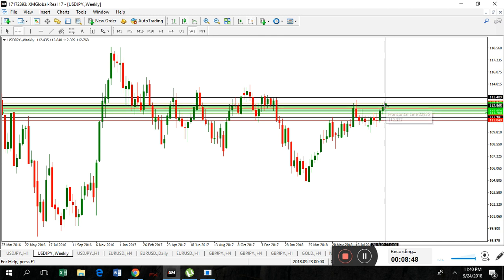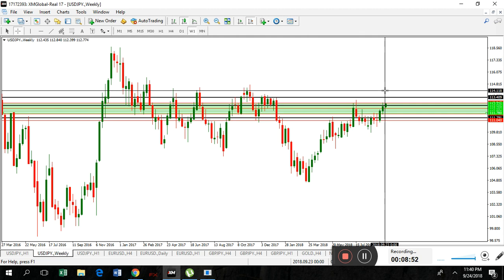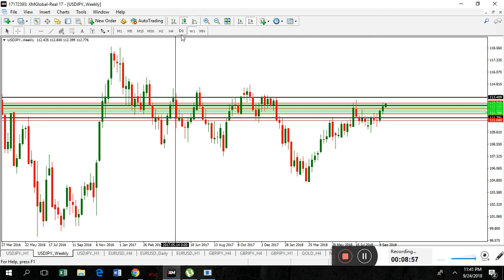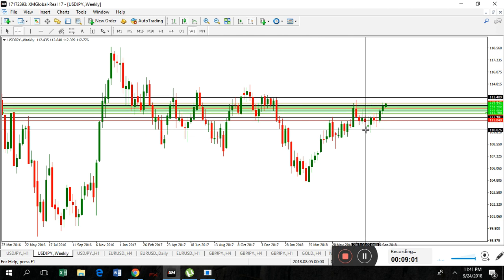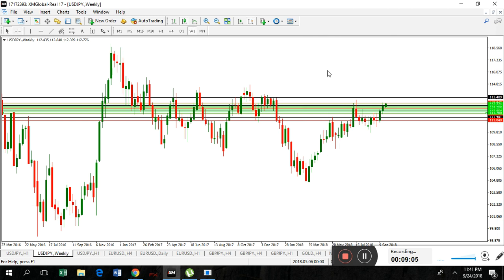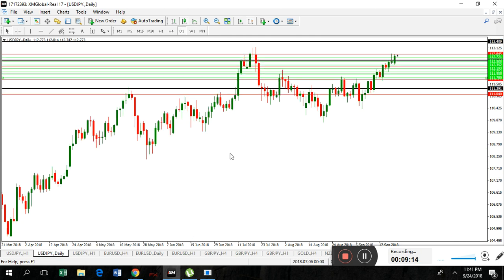Currently it's on its way to form potentially another new higher high. So we can see that price is on an uptrend before I even put my moving averages or anything, which I will install just now after we look at the daily as well, so we can see the exact same scenario happening.